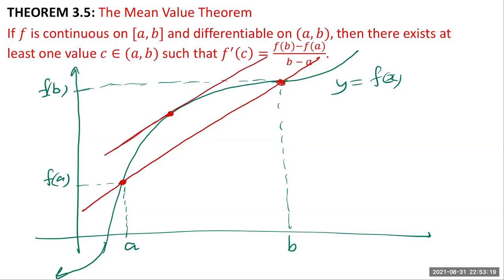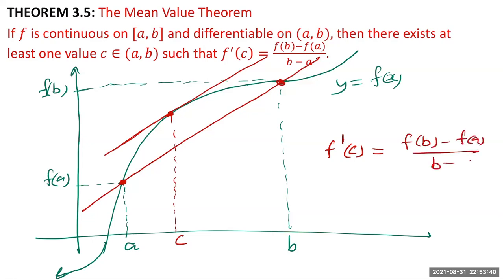Now I take this point to be my c. Then clearly my f prime of c is equal to the slope of the secant line, which is nothing but f of b minus f of a divided by b minus a. Okay, so that's the geometric idea.